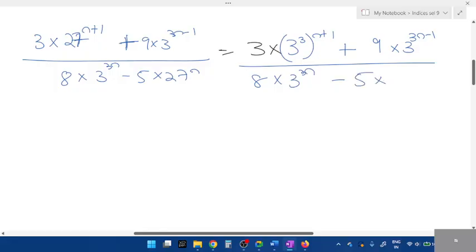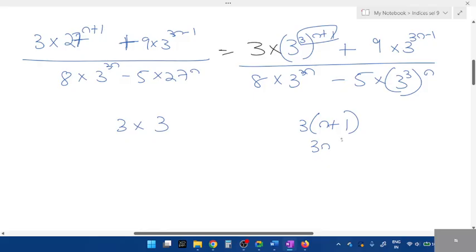How do you convert 27? 3, and there's already n outside, right? Next, 3 into 3, multiply this, see, multiply it like this, 3 into n plus 1. What is 3 into n plus 1? 3n plus 3, so it becomes 3n plus 3.